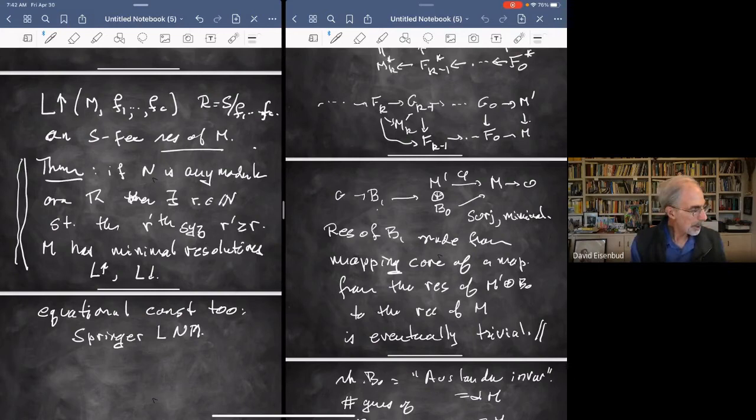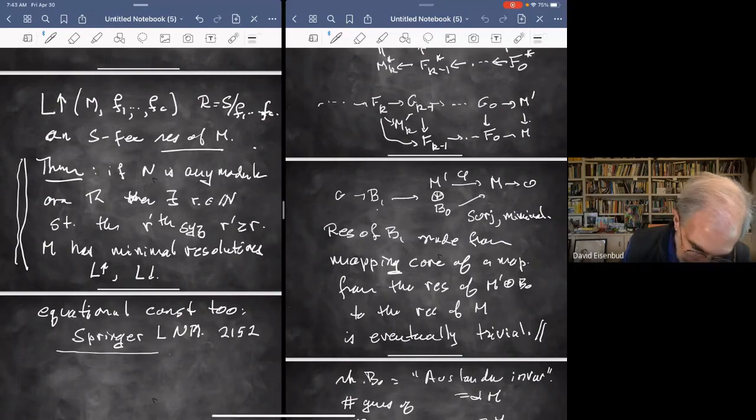In fact, it's Minimal free resolutions over complete intersections. I suppose it has a volume number, 2152. So that's done in detail there. That looks much more complicated than what I'm about to show you. We discovered it first and only later realized that we were speaking in layered resolutions. Okay, so that's the goal.